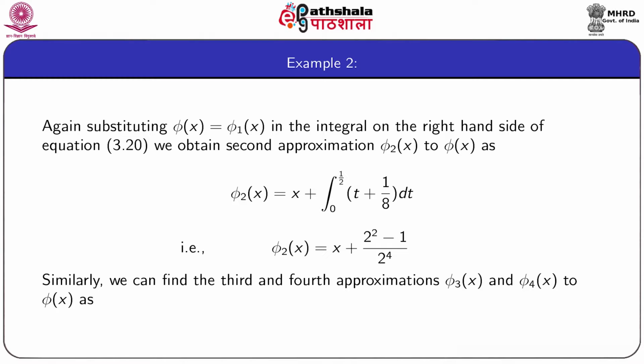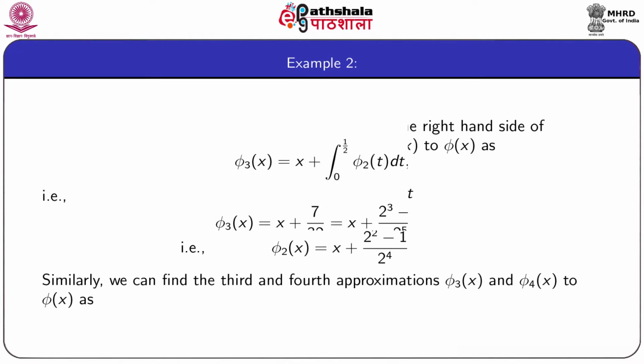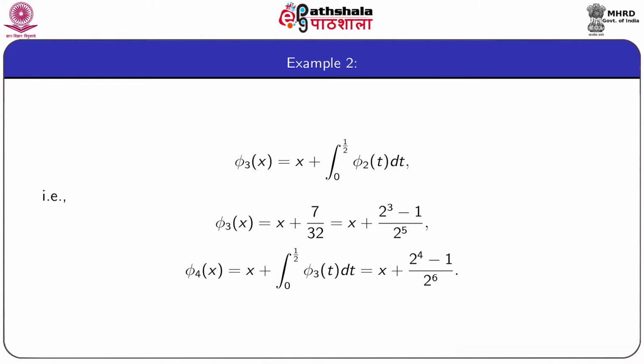Similarly, we can find the third and fourth approximations phi 3 x and phi 4 x to phi x as phi 3 x equal to x plus integral 0 to half phi 2 t dt.